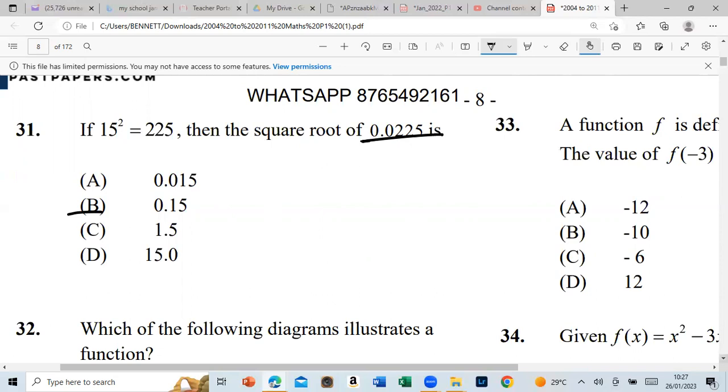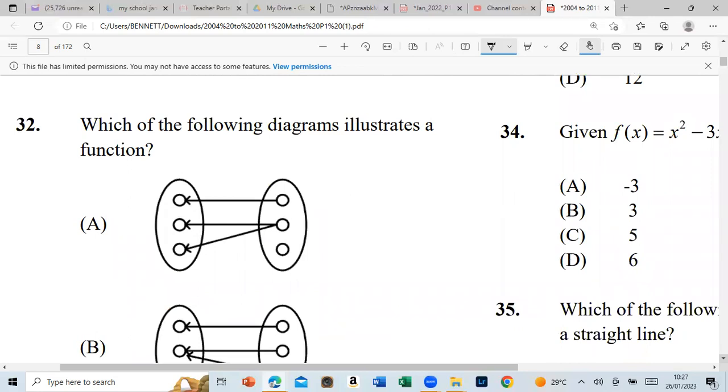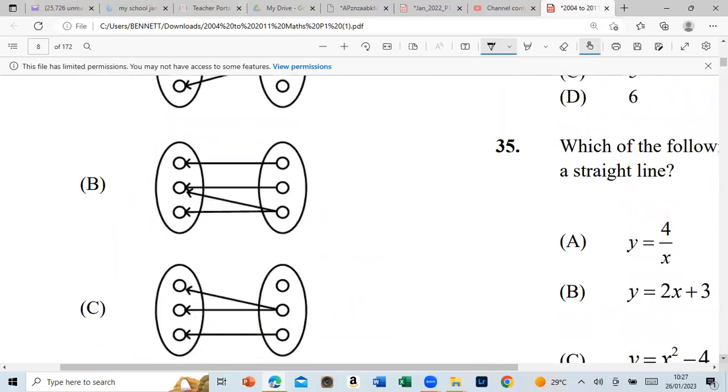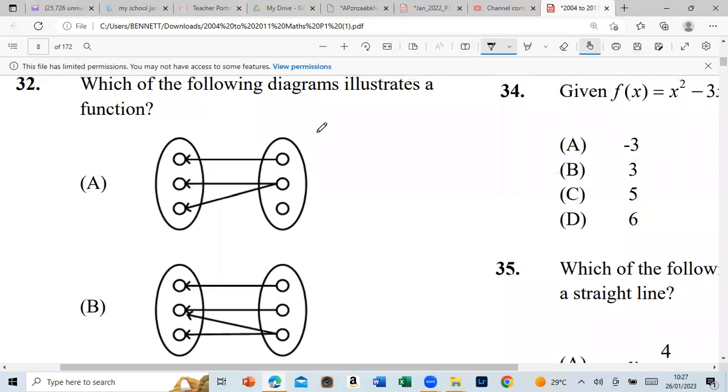Alright, let's move on to 32. Which of the following diagrams illustrates a function? Alright, clearly, C6 is getting smarter. So basically, guys, you can see what they're doing, right? So these are the x and these are the y. So 1x must go to 1y. 1x goes to 2y as well.